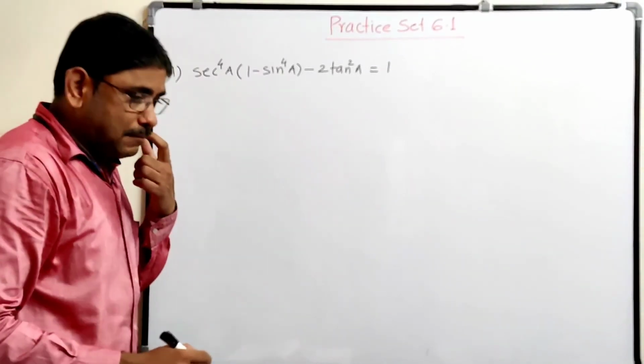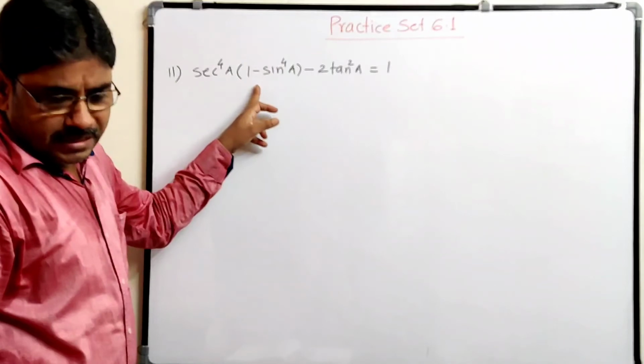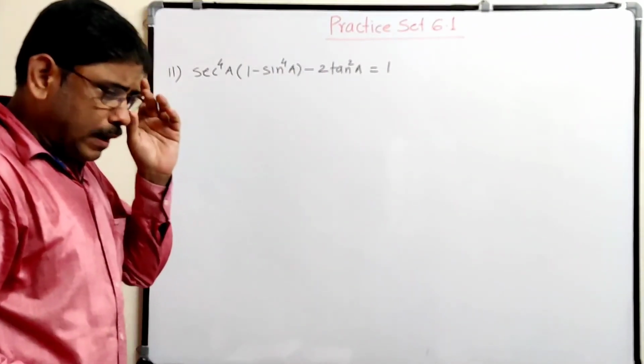So let us see that 11th sum, that is sec raised to 4a into bracket 1 minus sin raised to 4a, minus 2 tan square a is equal to 1.